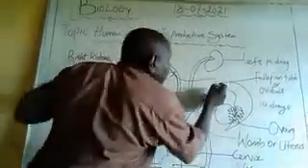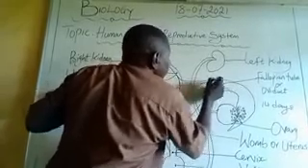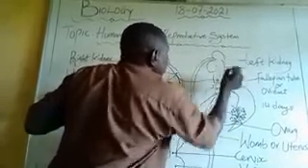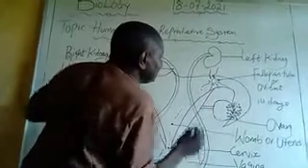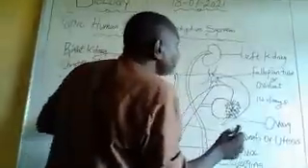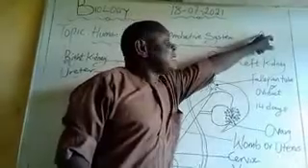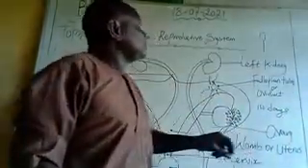Here, those sperms will encircle the egg. As you can see, the sperm has a head and tail.